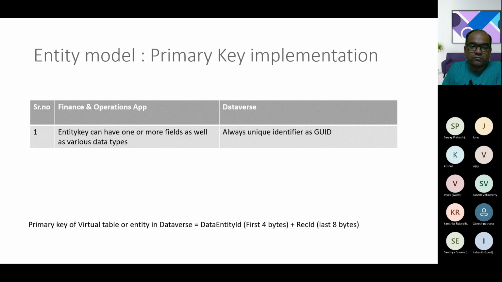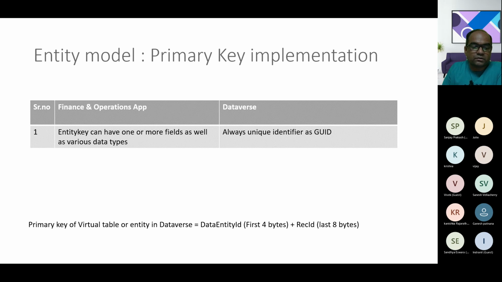But the way virtual tables and virtual entities are designed in the background, the primary key for a virtual table uses the first 4 bytes of the data entity ID plus the RecId as the last 8 bytes, and that becomes your unique identifier, your GUID.